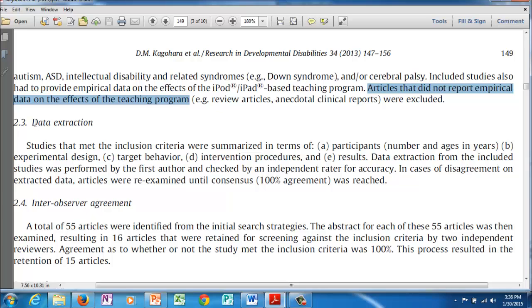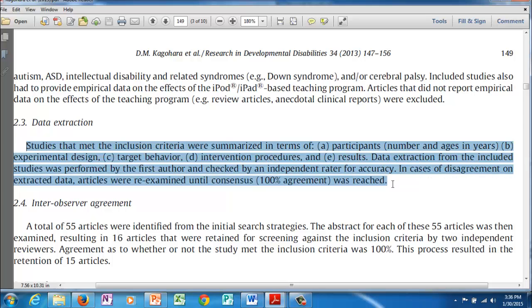Okay, for data extraction, for your paper, you don't have to worry about that. For the purposes of understanding, I've had students include a data extraction section before. You can or you don't have to. It's not required in the rubric. You would say something like, basically, this is how they summarized their studies.